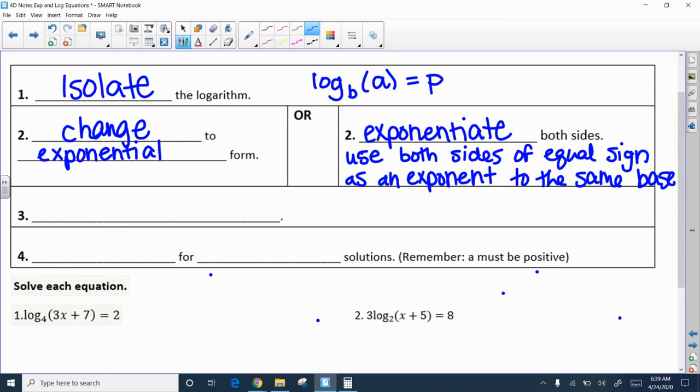So step 2, exponentiate both sides, which means use both sides of the equal sign as an exponent to the same base. And of course, I'll show you what that looks like in a minute.